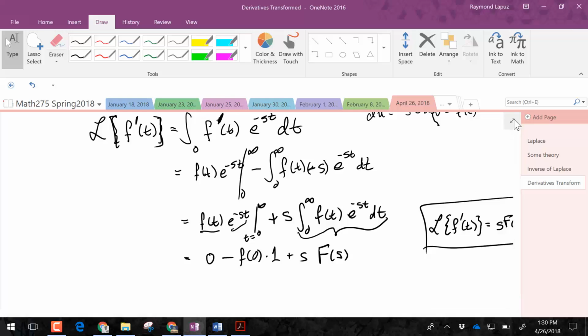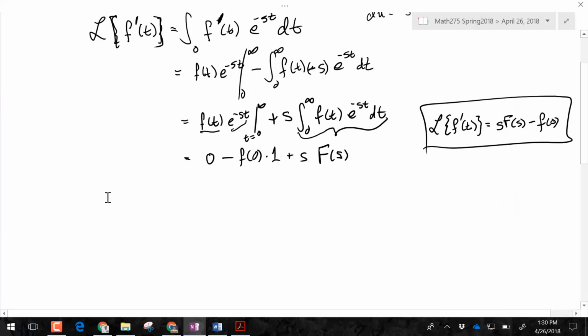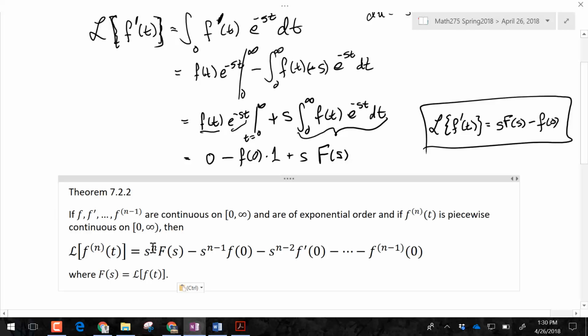All right. So in general, the Laplace transform of the nth derivative is going to be s to the nth power times the Laplace transform of the original function minus all these other things. So depending on what order your differential equation is, you'll get to use these things.